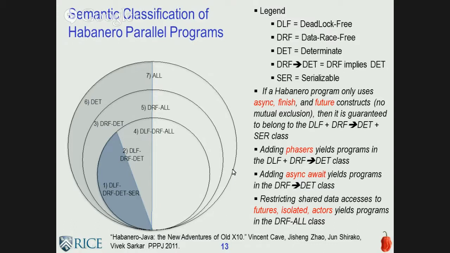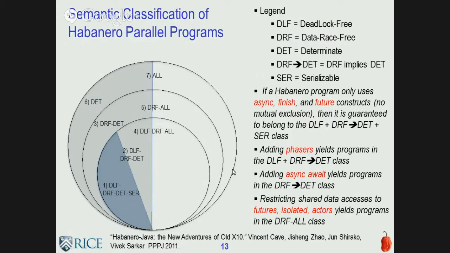That is, if you can classify programs as deadlock-free, data race-free, determinate, where data race freedom implies determinacy, and serializable, meaning where you have a very simple transformation procedure to convert your parallel program to a sequential program with equivalent semantics, let me say, but one possible execution.